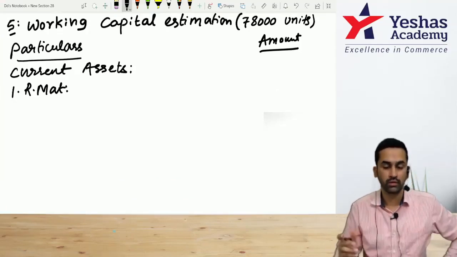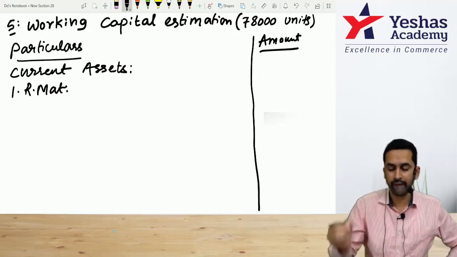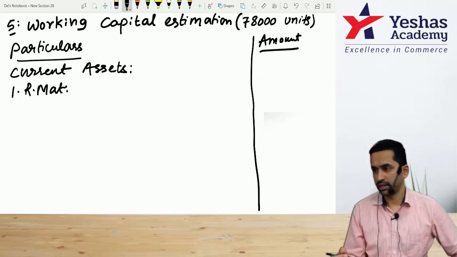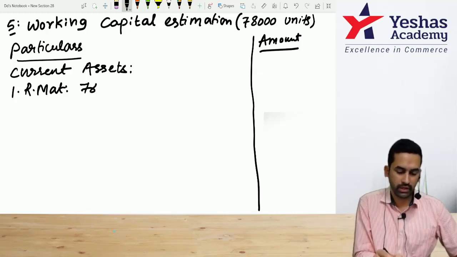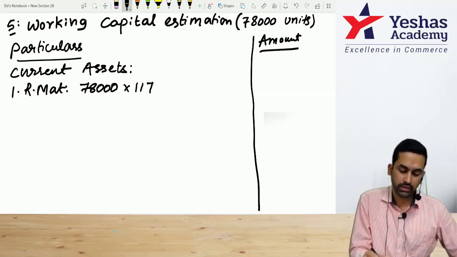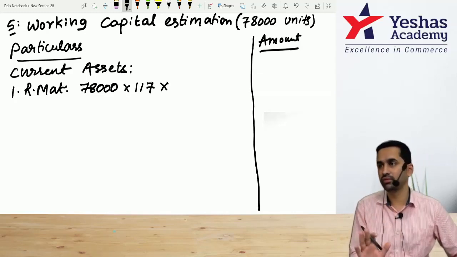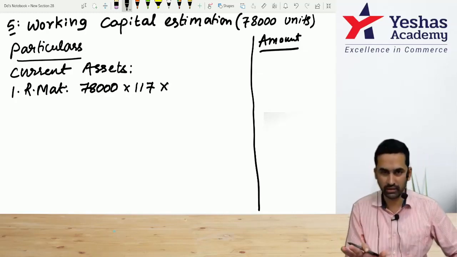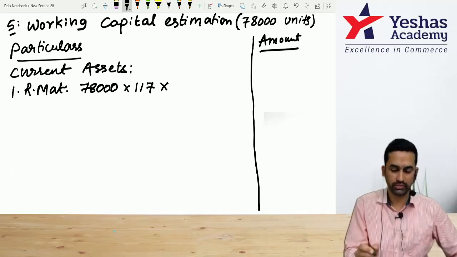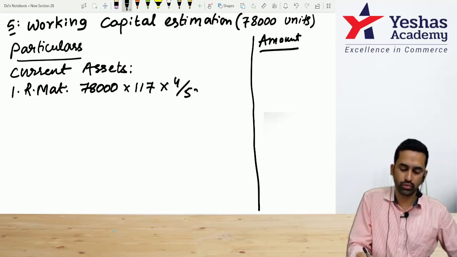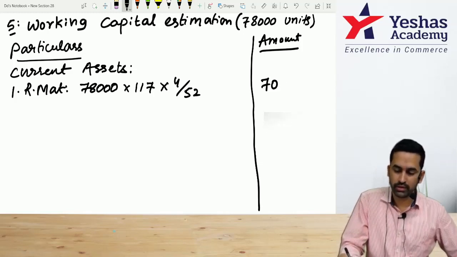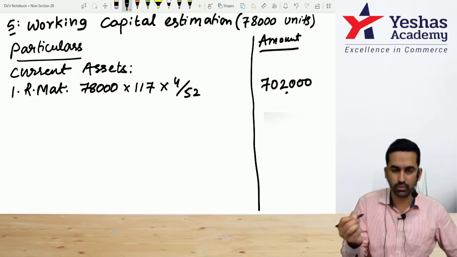First one is raw material. I want you to try, tell me the numbers. 78,000 units into 117. Understand, this will give you annual raw material, but we are keeping raw material for only 4 weeks with us, so I should do into 4 by 50. 702,000.